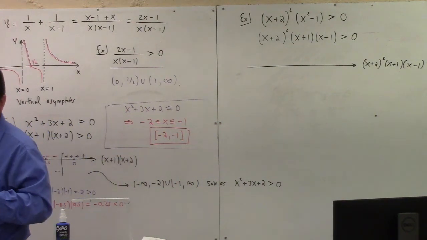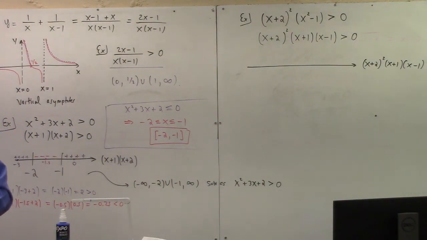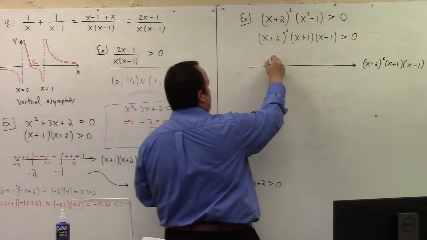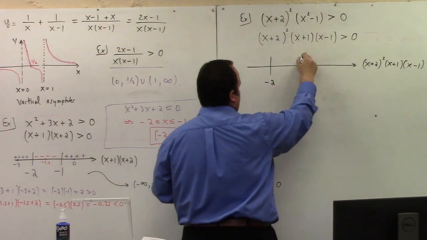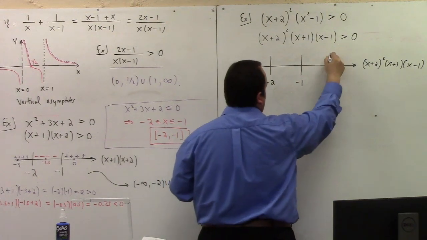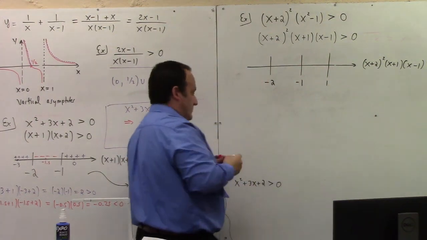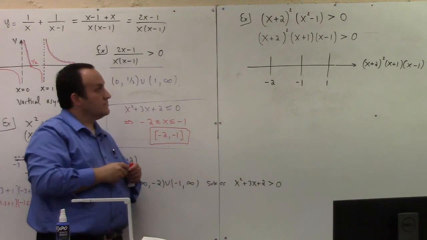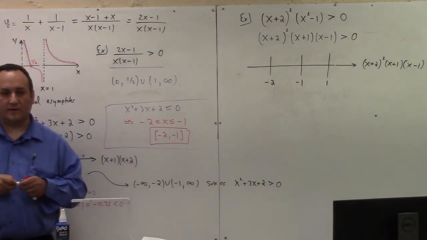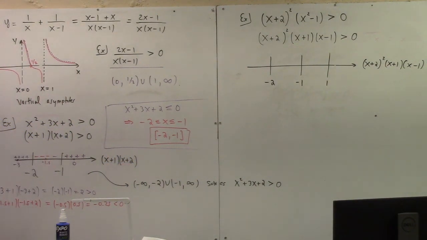What are the interesting numbers here? Where can it change sign? It can change sign at minus 2, and also at minus 1, and also at 1 again. Right? So I put those down: minus 2, minus 1, 1 again. x plus 2 is 0 when x is equal to minus 2.